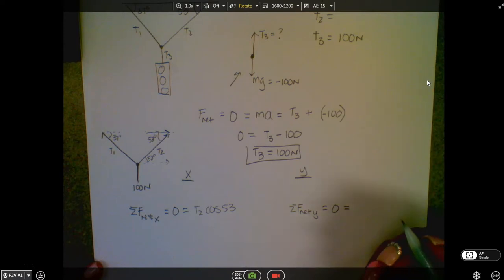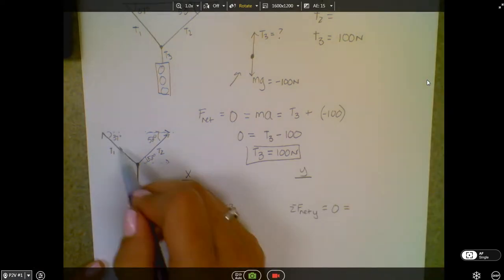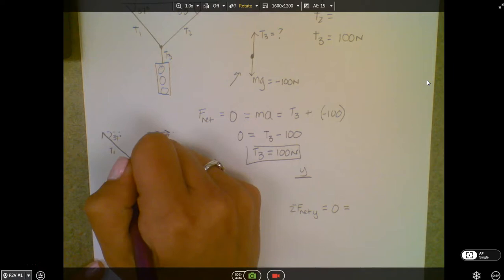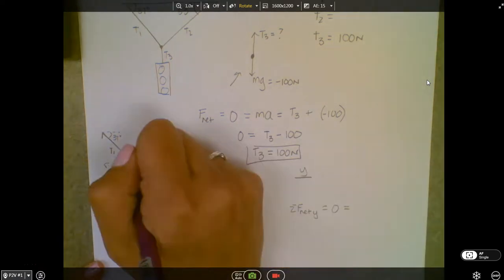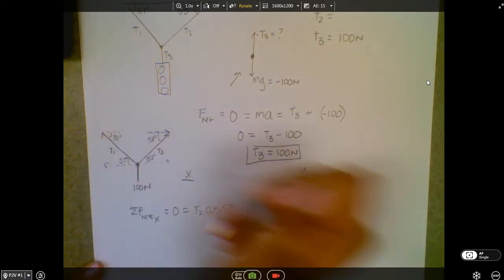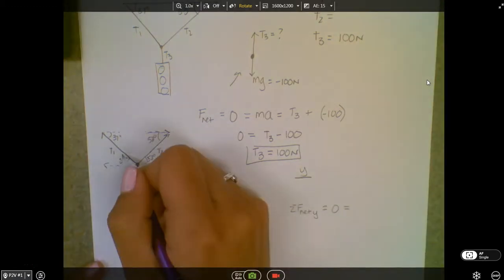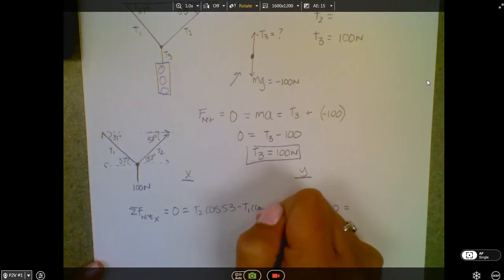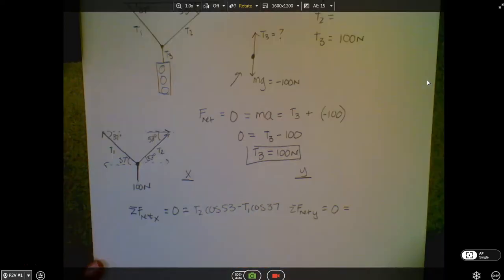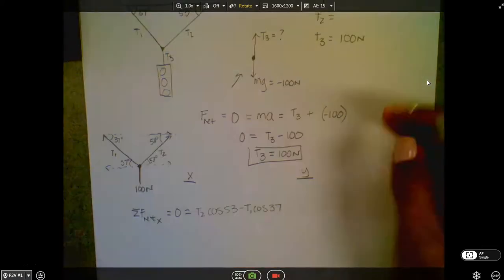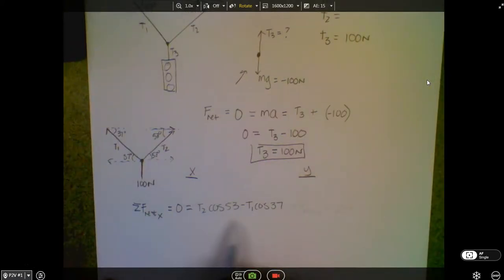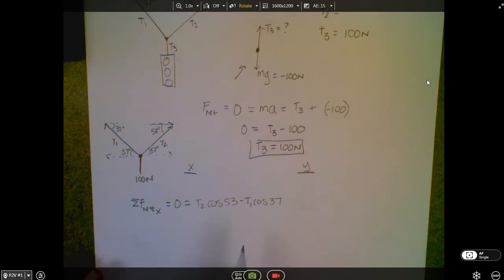And then for T1, the x direction is actually pulling to the left, so that's going to be negative, so I'm going to have minus. And if you do the same kind of geometry, we have T1 cos 37 for that one. I'm going to go ahead and move this net force in the y over a little bit just to keep our equations separate. So right now this is my equation for the x direction. Now I can be done for a second.